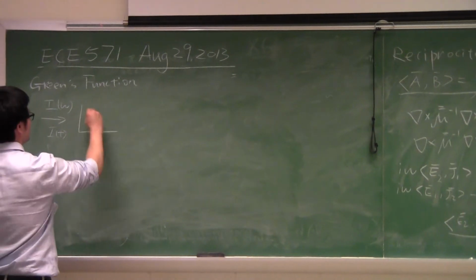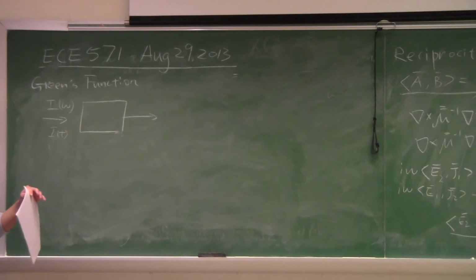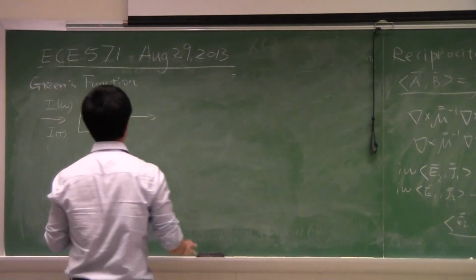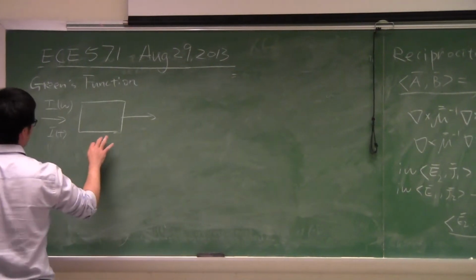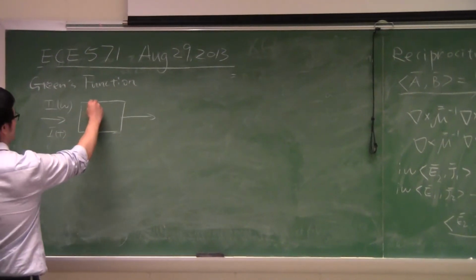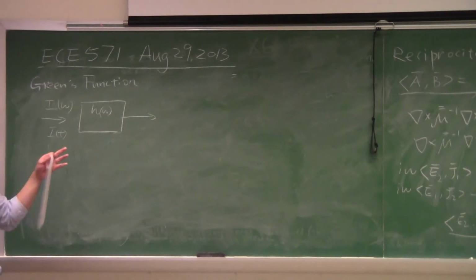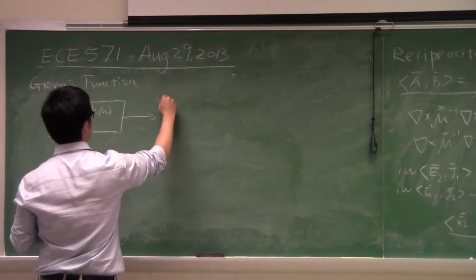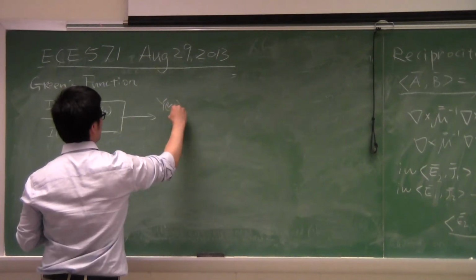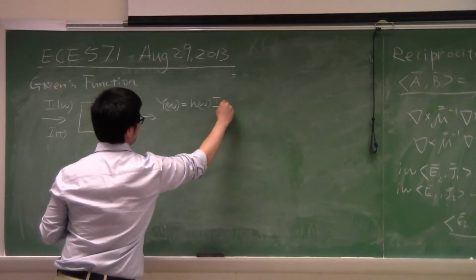If I feed this input into a system, then what would the output be? We know that the system can be characterized by a system function, we usually call H omega, right? This system response. And the output will just be the product of the system response and the input, right?